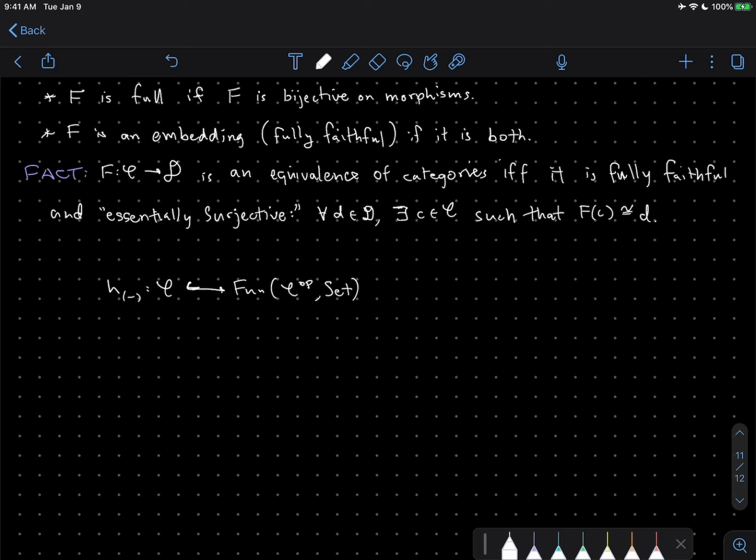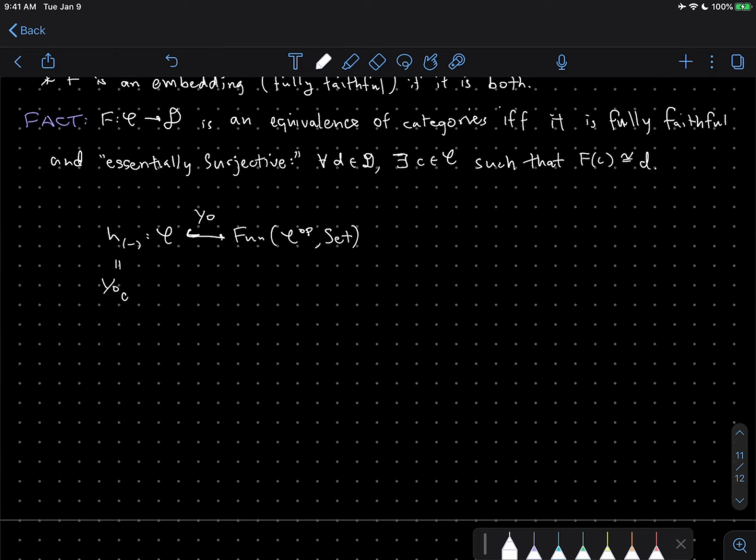So we usually write Yo for this functor, and instead of H sub c, we'd write Yo sub c, or sometimes Yo of c. I prefer Yo sub c because then if we want to apply it to an element, it doesn't get messy. That is the Yoneda lemma.